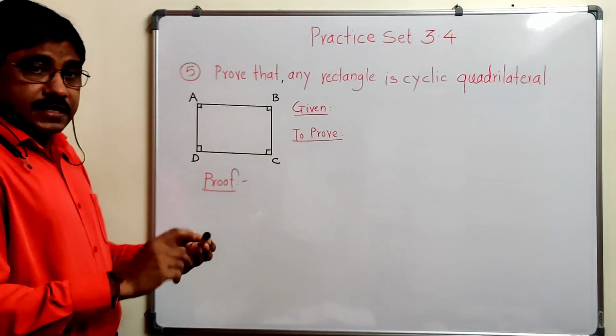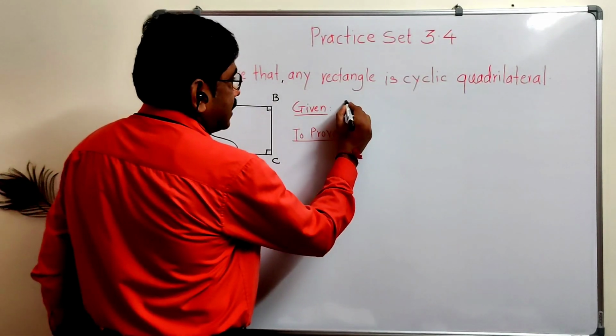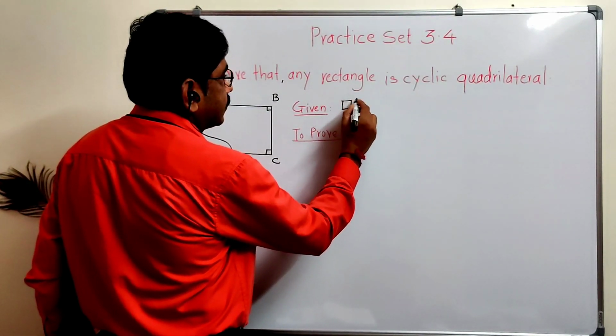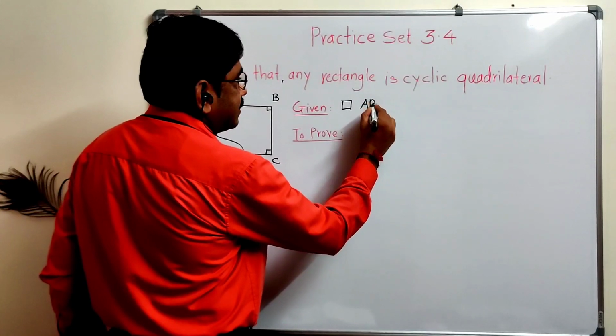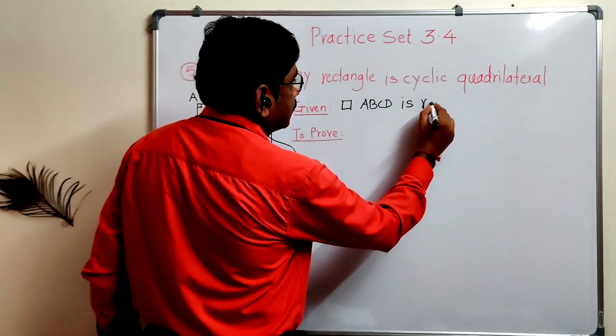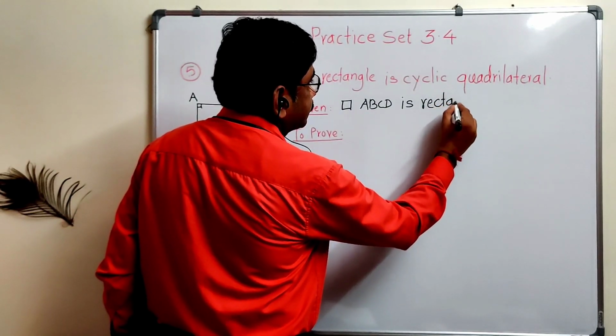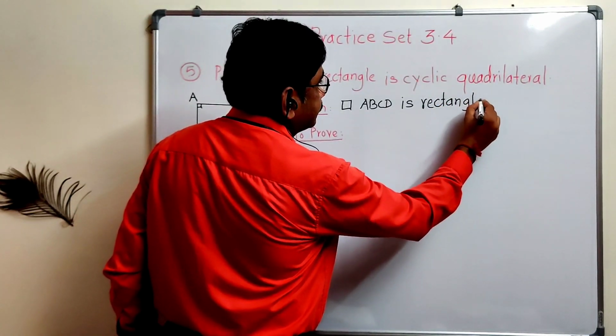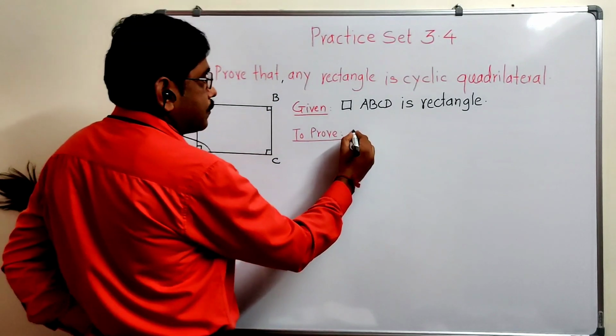So what is given here? This quadrilateral ABCD is a rectangle. That is given. Then what we have to prove?